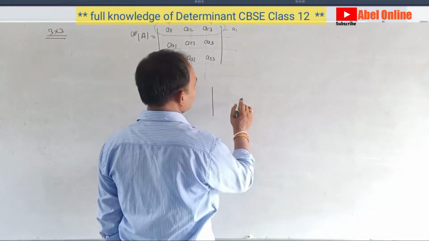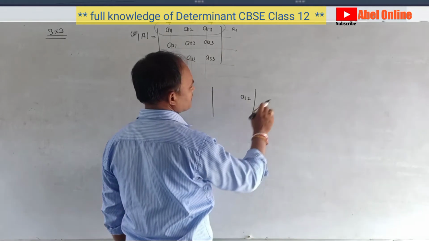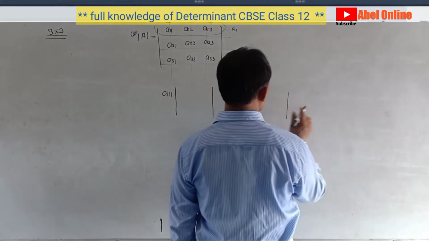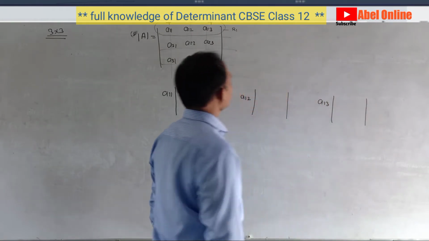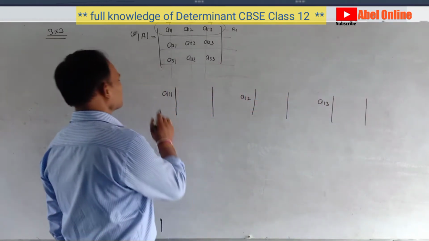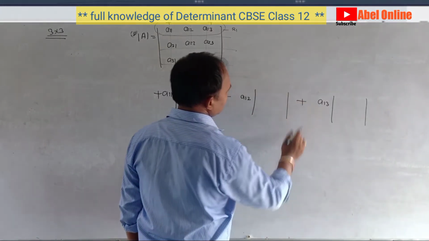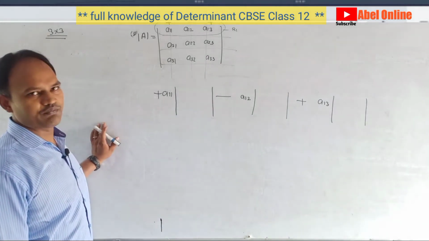Now use A12 and a sign of determinant. Then A13 and a sign of determinant. Always remember that we are using the signs plus, minus and plus. Any problem? No problem.